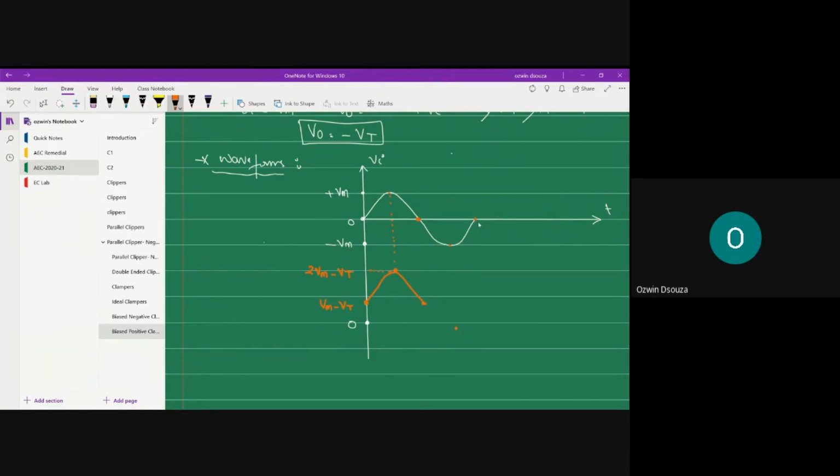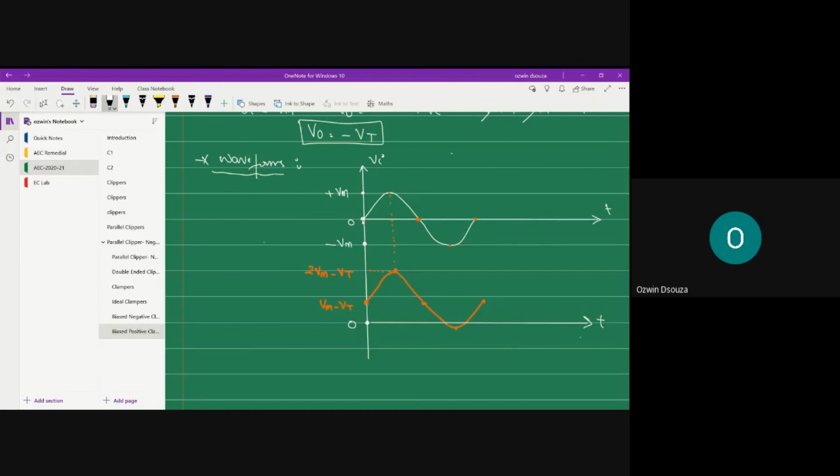And once again, when your input reaches 0 volt level, the output value will be at Vm minus Vt level. Fine. So this is your output waveform for a positive clamper, upward direction, right?